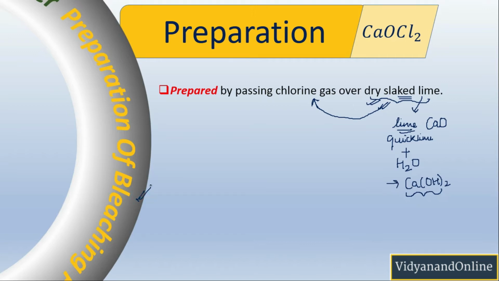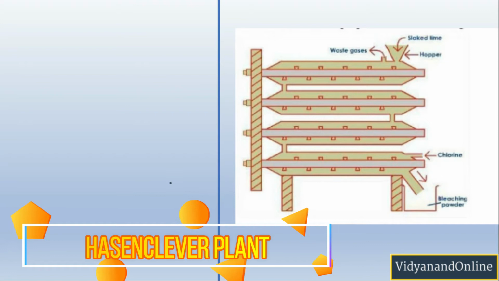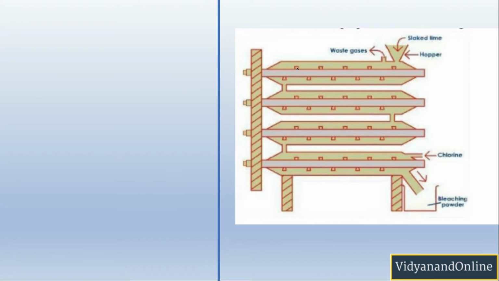Let us see how. This is the Hasenclever plant, which is used to produce bleaching powder. Here, if you see, there is a shaft and these are blades. From one end, the slaked lime is dropped into this plant, and from the other end, the chlorine is passed. I am sure you must be wondering why these two reactants are added from two different ends. Actually, we want the slaked lime to react completely with chlorine.